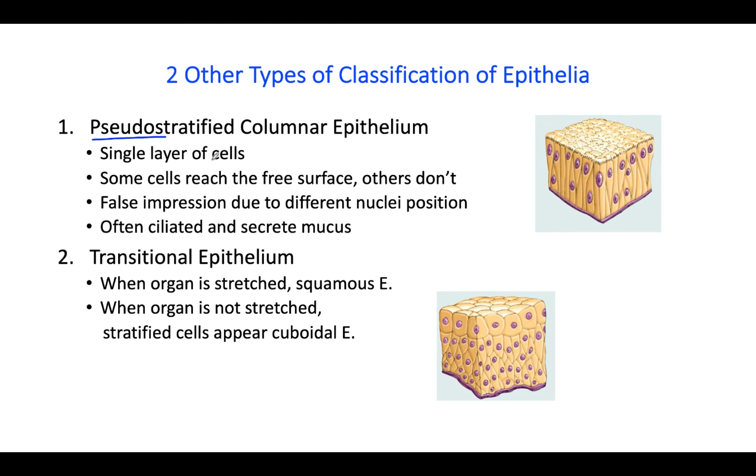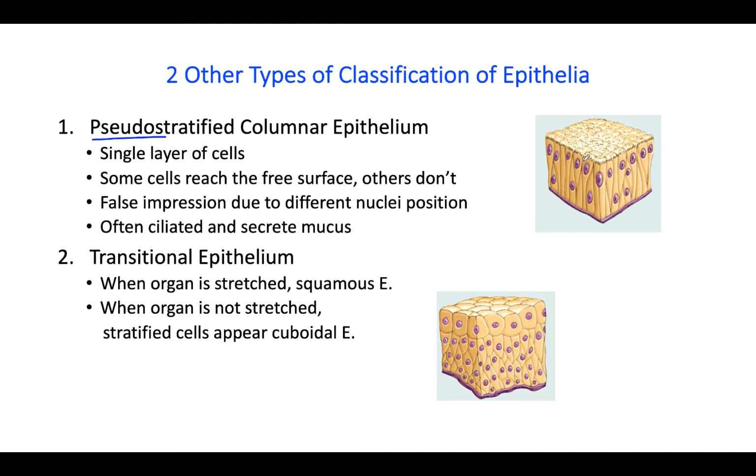So it is a single layer of cells, and some cells reach the free surface, the apical side. Some other cells do not reach the apical side. This gives a false impression due to different nuclei positions.